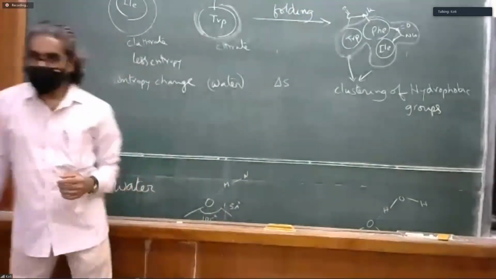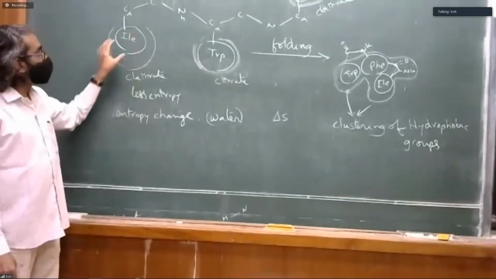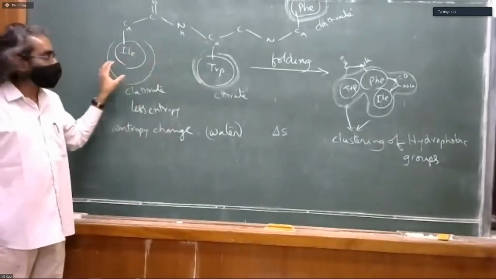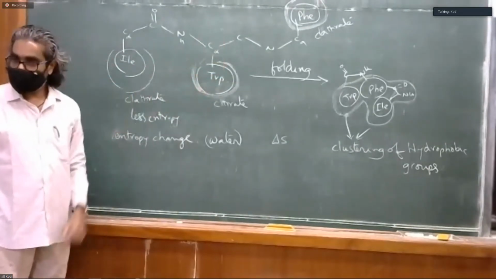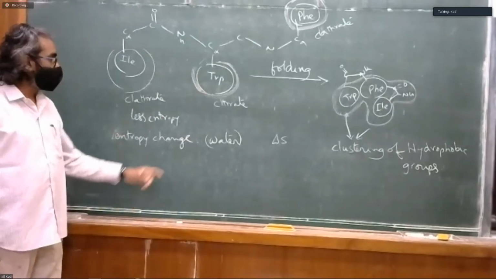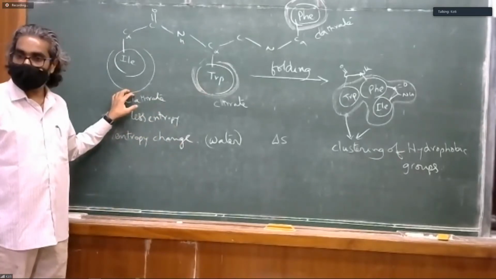So you are taking a polypeptide chain where hydrophobic groups are exposed to water, forming individual clathrate-like ordered structures where the entropy of water is very low.